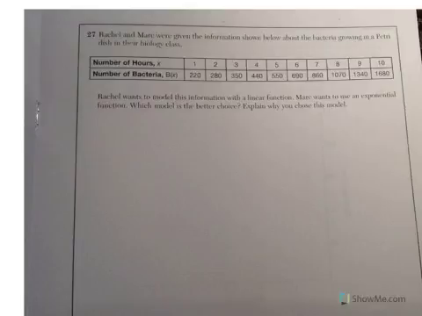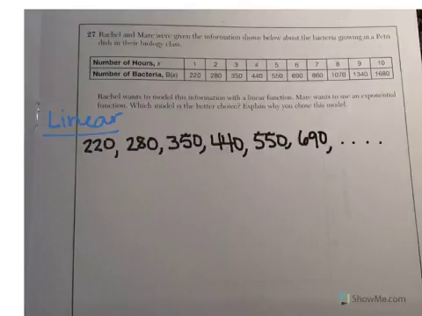So what I'm going to do is look at the y values, and I'm going to start with looking to see if it's close to a linear model. So I'm going to write down the y values, and I'm going to start with 220. Okay, so I only wrote down a few of the y values, and if I look from 220 to 280, I'm going to have to add 60.